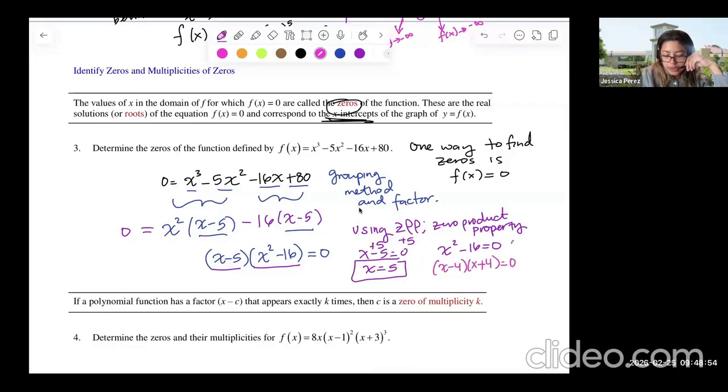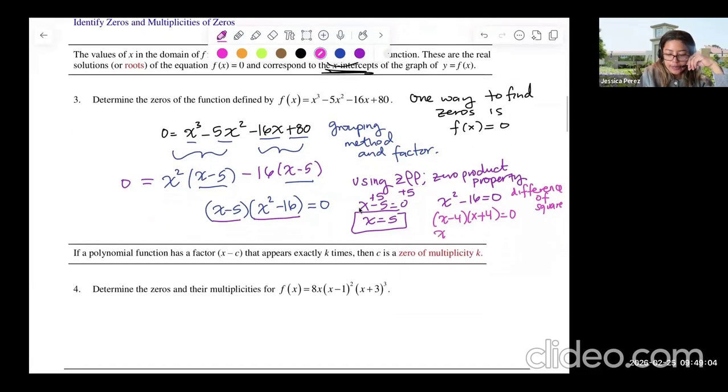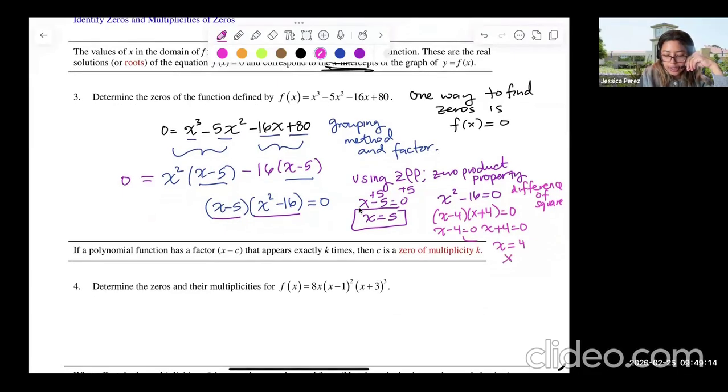You set each individual factor equal to 0 again. x minus 4 is equal to 0, x plus 4 is equal to 0. And you solve simultaneously. x will give me 4, and then I will have x equal to negative 4. And I find exactly all of my 3 zeros.